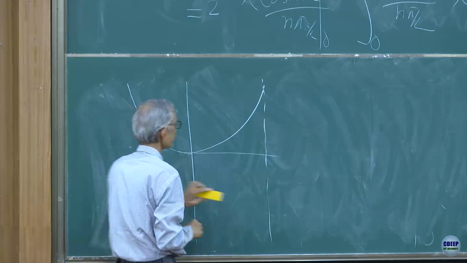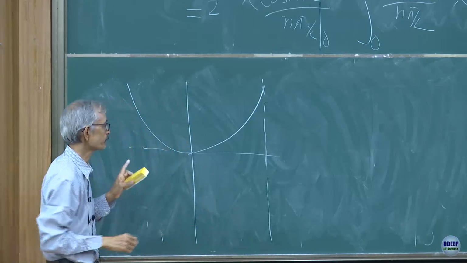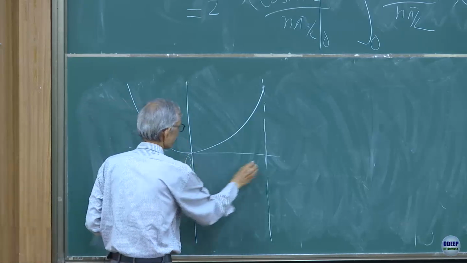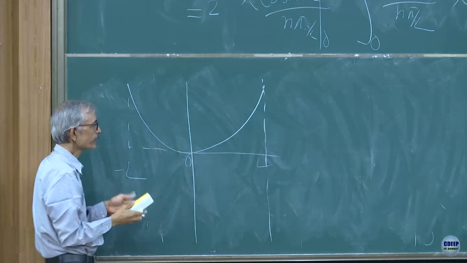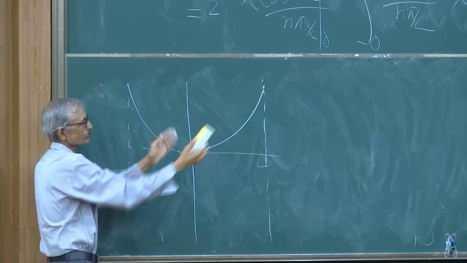Suppose you have done this. This is 0, this is L, this is minus L. If you did this, then this coupon is going to repeat itself.